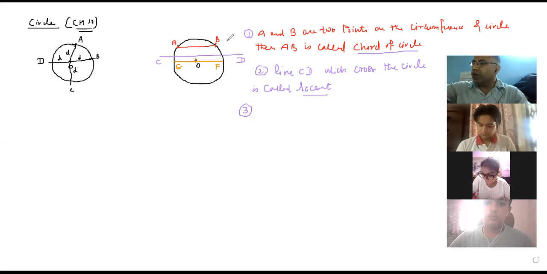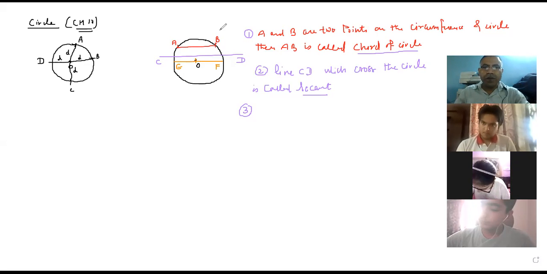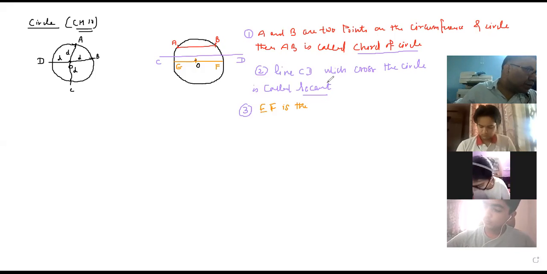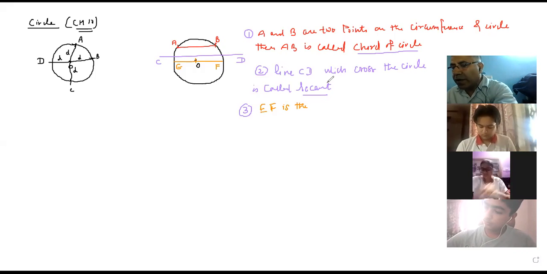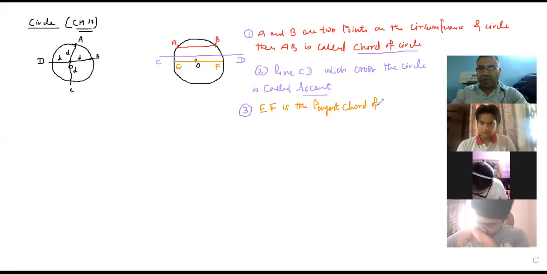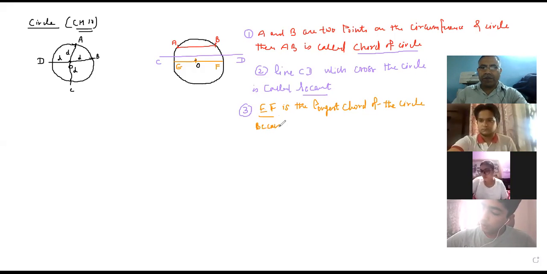So EF is the longest chord of the circle because it passes through the center of the circle.